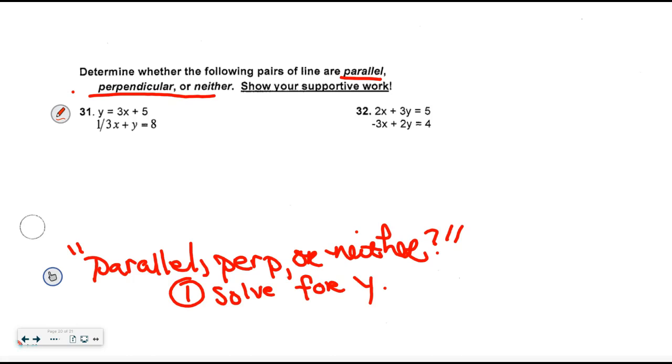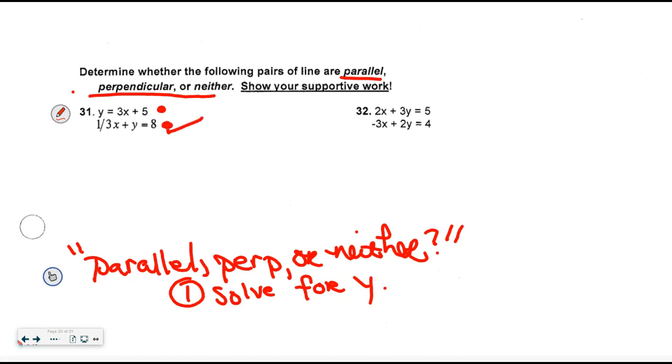Okay, so I'll show you what I mean as we do 31. Am I going too fast or are we good? So we'll go do number 31. This one is solved for y, so I don't need to do any work. This one is not, so I have to deal with it before I can answer the question.